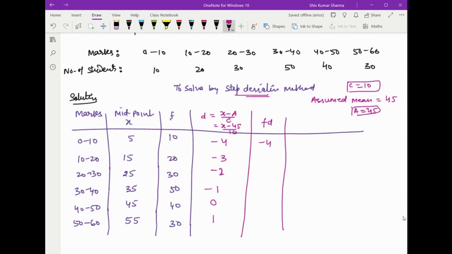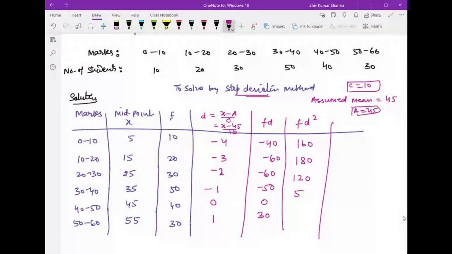So f into d: minus 40, minus 60, minus 60, minus 50, 0, and 30. And correspondingly we calculate fd square. For d square, 4 square is 16, 16 into 10 is 160, 3 square is 9, 9 into 20 is 180, 2 square is 4, 4 into 30 is 120, and 1 into 50 is 50, 0, 30.